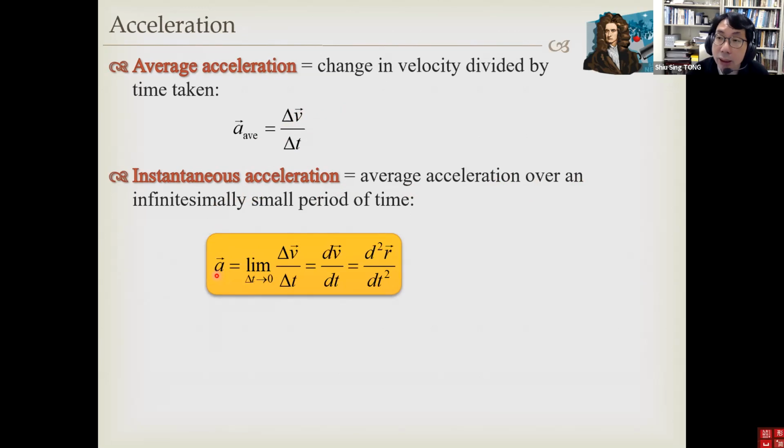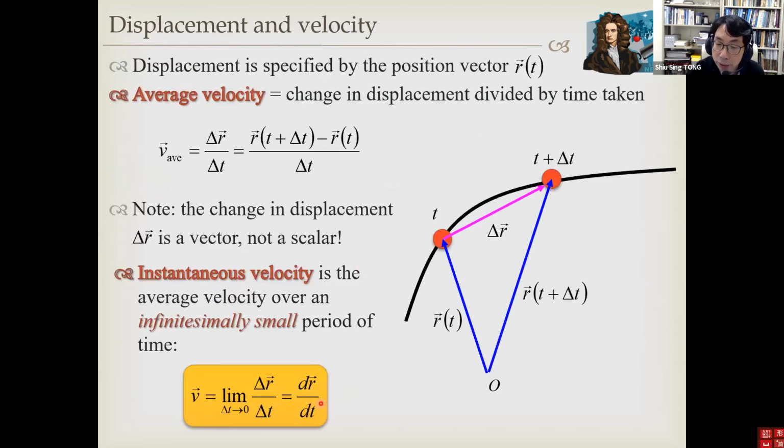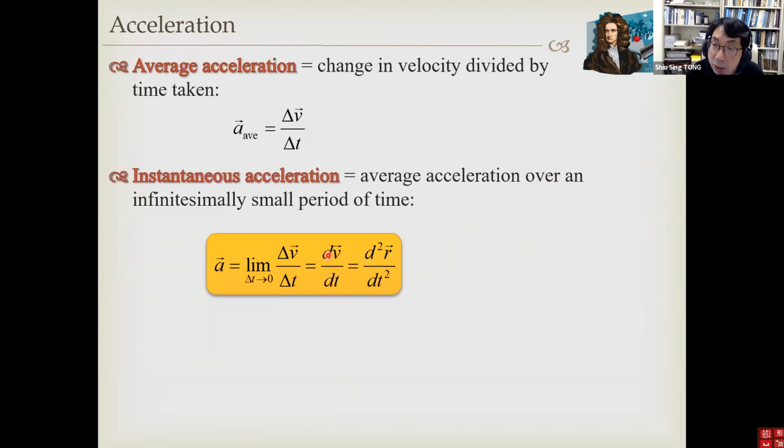That is the instantaneous acceleration. This is denoted by dv/dt, the derivative of v with respect to t. And if you like, you can also express v in terms of dr/dt. That is another derivative on v, so that gives you a second derivative of r with respect to t.